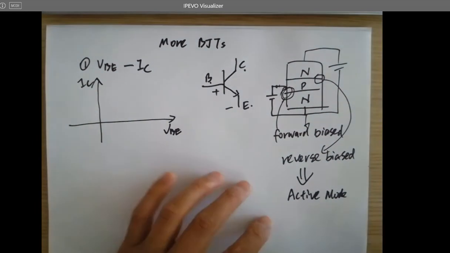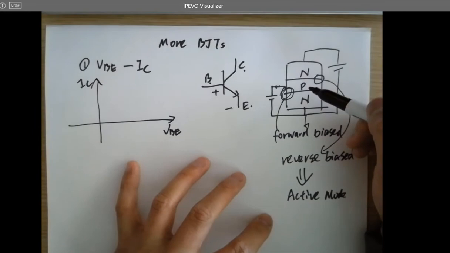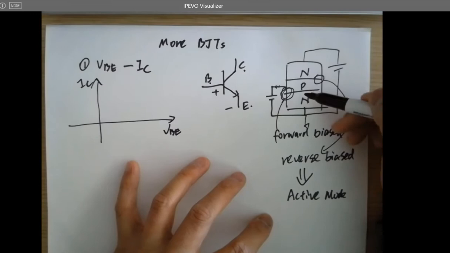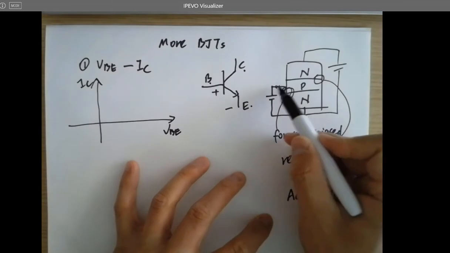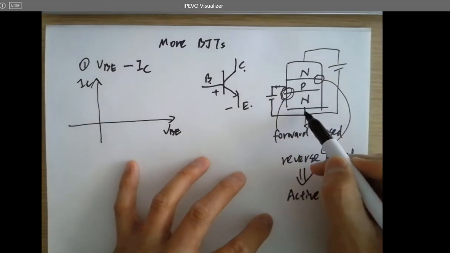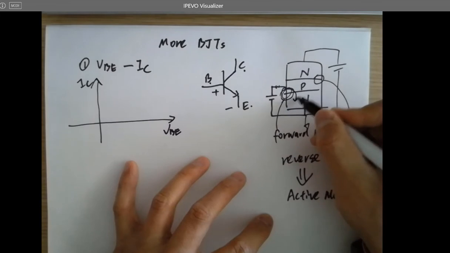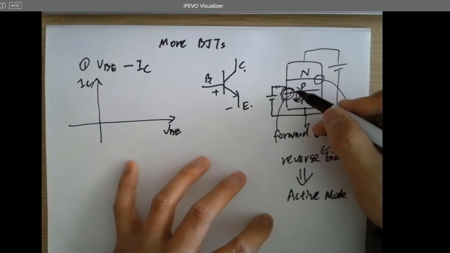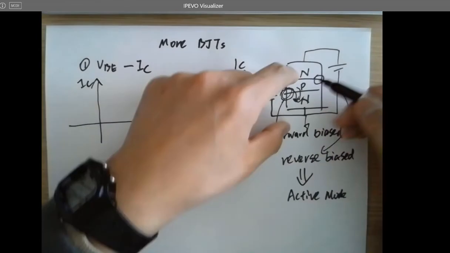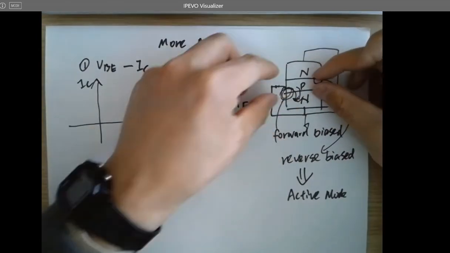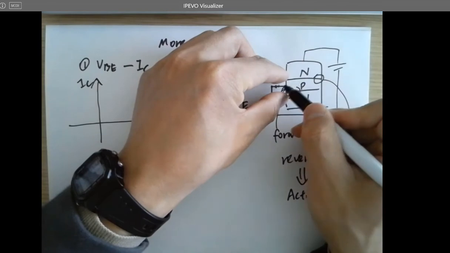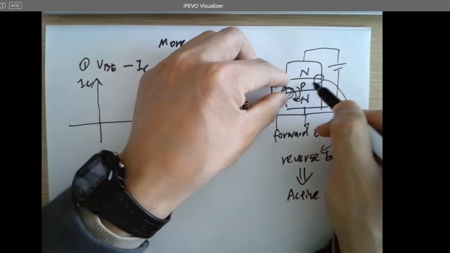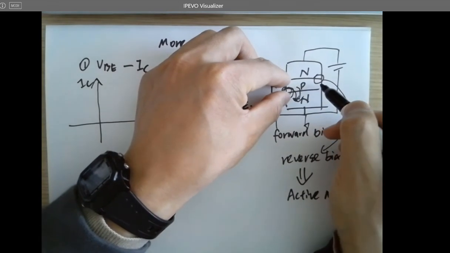Remember that in a BJT, in the NPN transistor, when you forward bias this base-emitter PN junction, there will be a little current injected into the base. This current will help this layer, because in the real device, after fabrication, this layer is very thin.